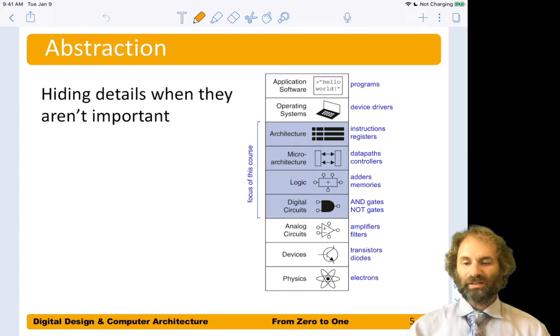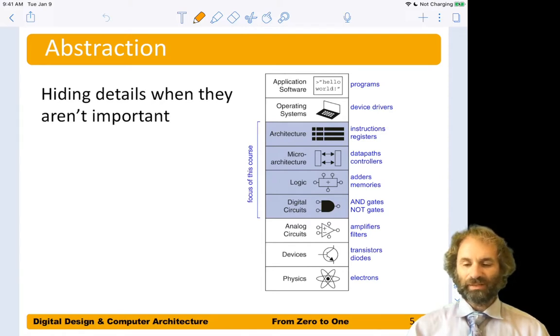So we might talk about a device driver. You could, for instance, open a device driver to access the keyboard and then read keys that were typed without having to pay attention to the exact pattern of zeros and ones moving across buses. And finally, up to the world of application software, where you could write programs that, for instance, print something on the screen or play a video game or do some kind of calculation.